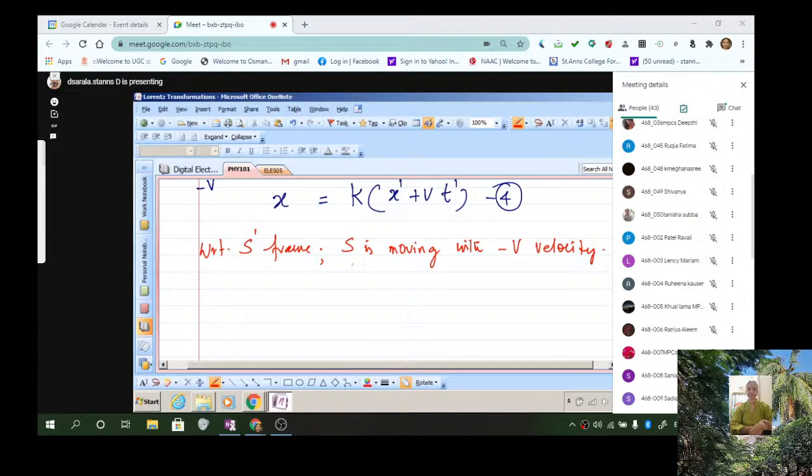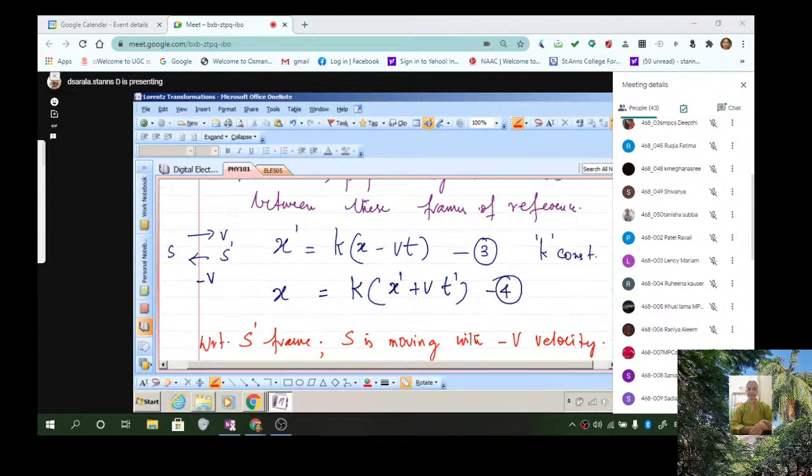Similarly, when I say S is moving with minus v velocity, that means according to S, S prime is moving with plus v velocity, isn't it? So when you have a relation like this, I am adopting it from Lorentz equations.